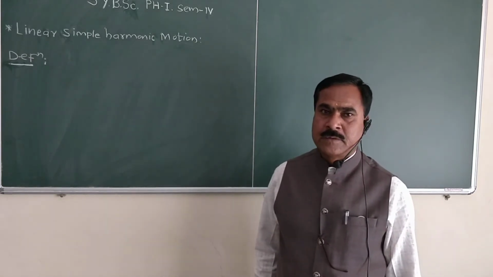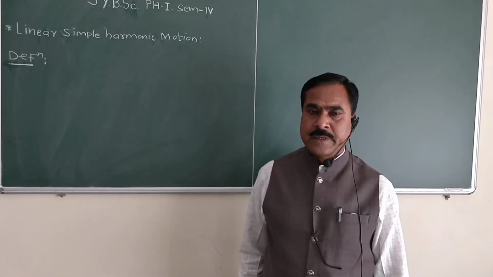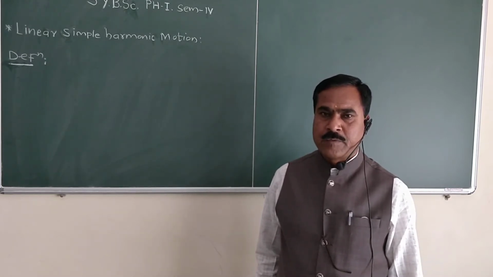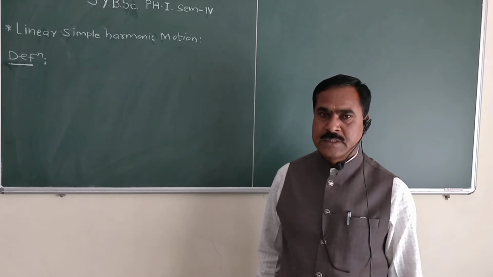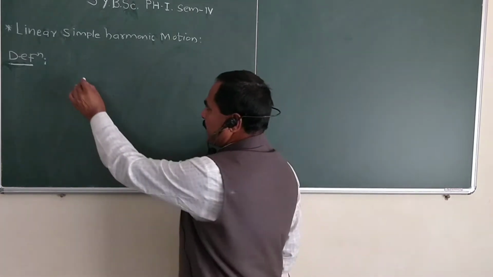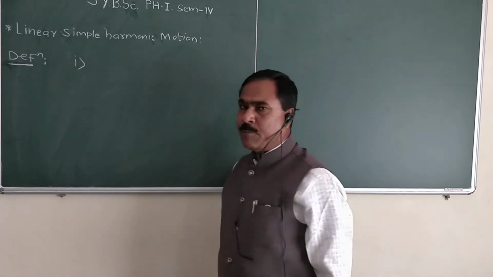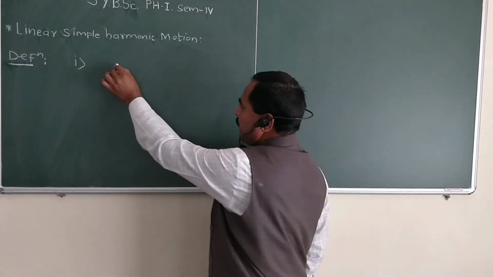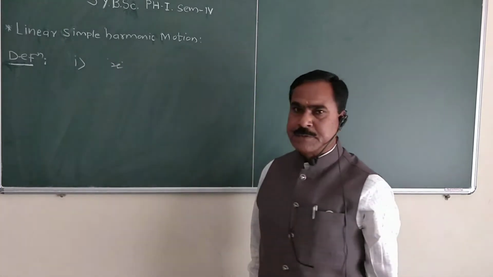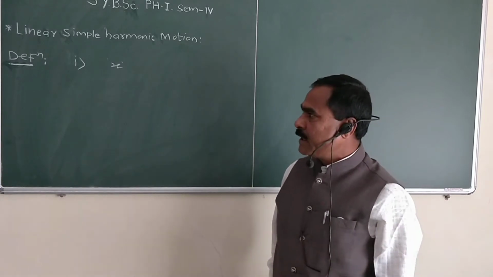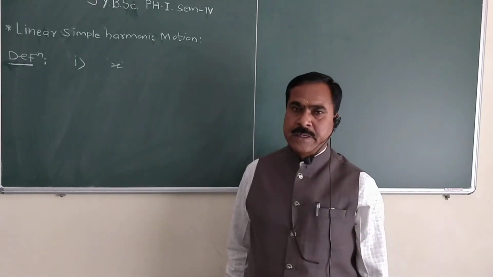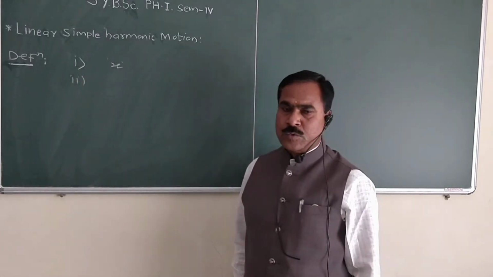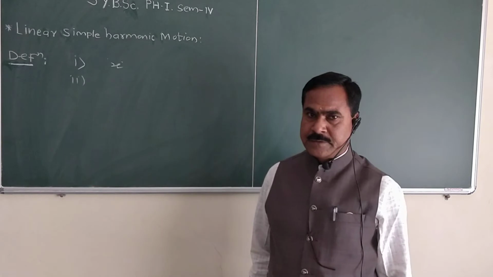Any body performs linear simple harmonic motion if it is acted upon by a restoring force which is directly proportional, first, to the displacement of the body from its mean position, that is x. And secondly, it is directed to the opposite of the displacement.